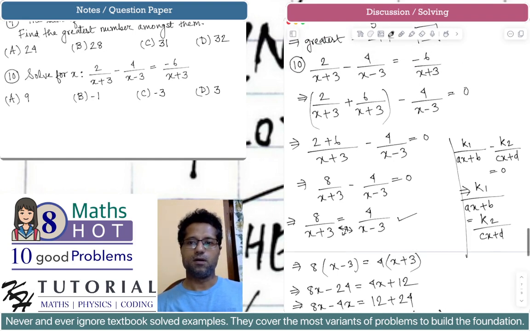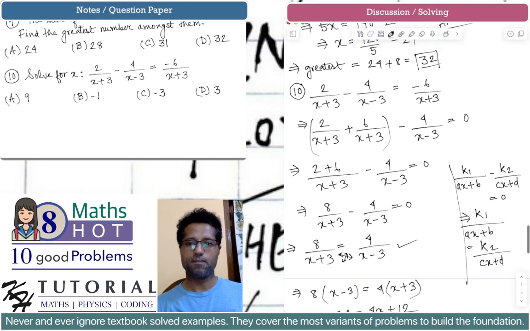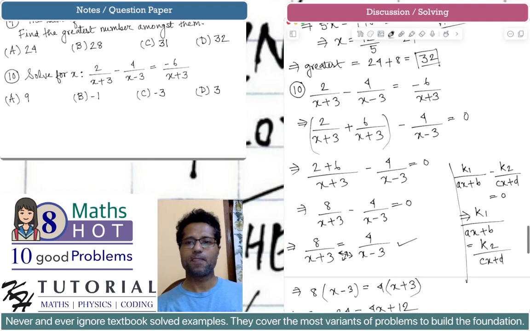Now this was one way of solving the problem. I think this is the best way of solving the problem.